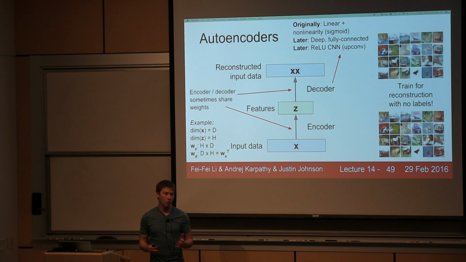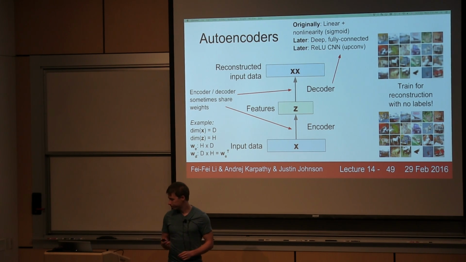And if this encoder was just a fully connected network, then the weights would just be this matrix of d by h. And now when we want to do the decoding and try to reconstruct the original data, we're mapping back from h back to d. So we can just reuse the same weights in these two layers if we just take a transpose of the matrix.